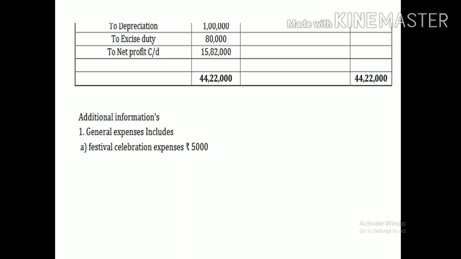Next one, depreciation is a very important one. Depreciation in MAT provision, be aware of that. Compulsorily you should add and deduct for the depreciation. If they showed depreciation in the profit and loss account debit side, that much of amount should be added back. While adding, it should include revaluation depreciation. Then we should compulsorily deduct the depreciation in the MAT provision, but while deducting we should exclude depreciation on revaluation.